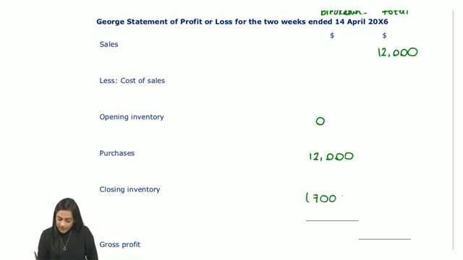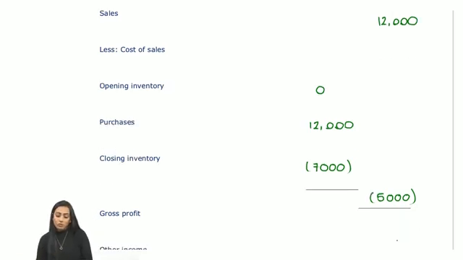We always take away closing inventory because it's unsold. So the total here, 12,000 take away 7,000 is 5,000. So his cost of sales expense is 5,000, and therefore gross profit, sales minus cost of sales, is 7,000.